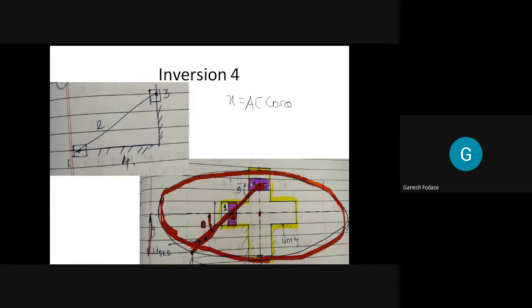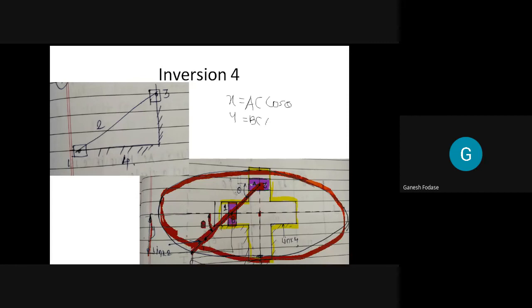What can I write about y? Yes, please, fast. Y coordinate is nothing but, can I write y is BC sin theta? Consider this triangle. This angle is theta, the opposite side is BC, so the opposite is nothing but y. So y is nothing but BC sin theta.